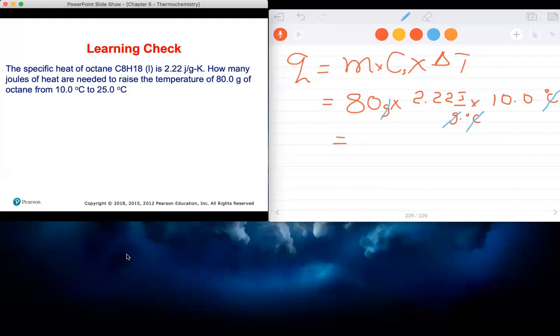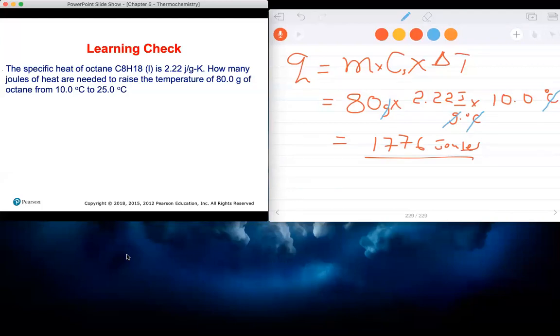So 80 times 2.22 times 10, and I have 1776 joules.